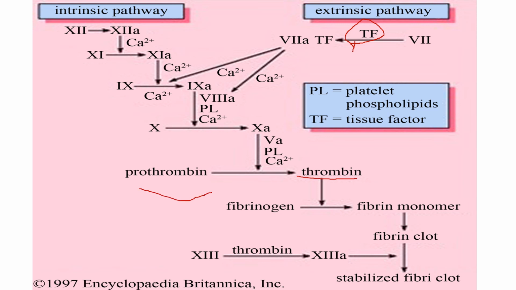This thrombin then converts fibrinogen into fibrin monomer, and thrombin converts factor 13 into 13A, and this 13A with the fibrin clot forms a stabilized fibrin clot. So this is the review of the coagulation cascade.